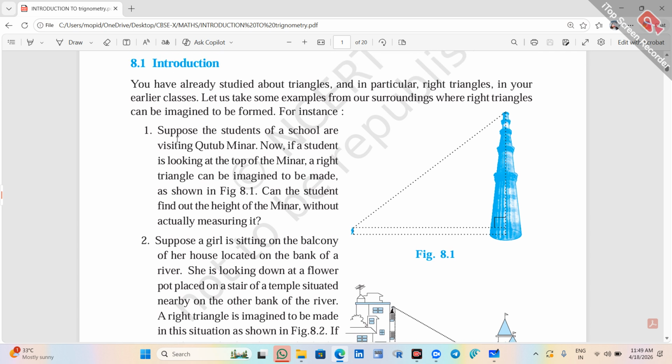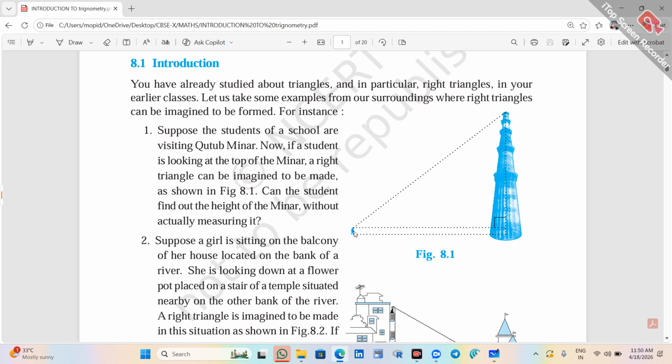We will see this first. Suppose that students of a school are visiting Qutub Minar. Now, if a student is looking at the top of the Qutub Minar, a right triangle can be imagined to be made as shown in figure 8.1. Can the student find out the height of the Qutub Minar without actually measuring it?